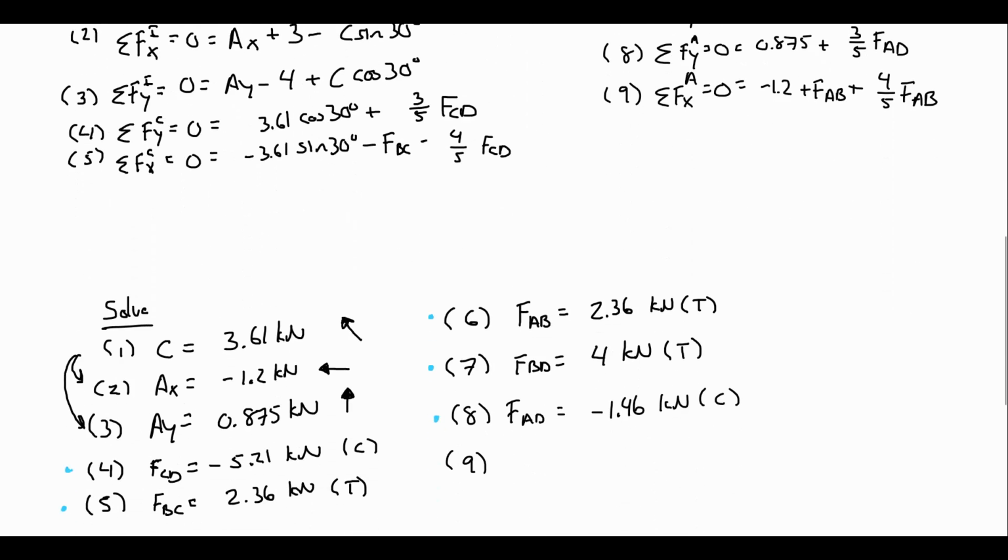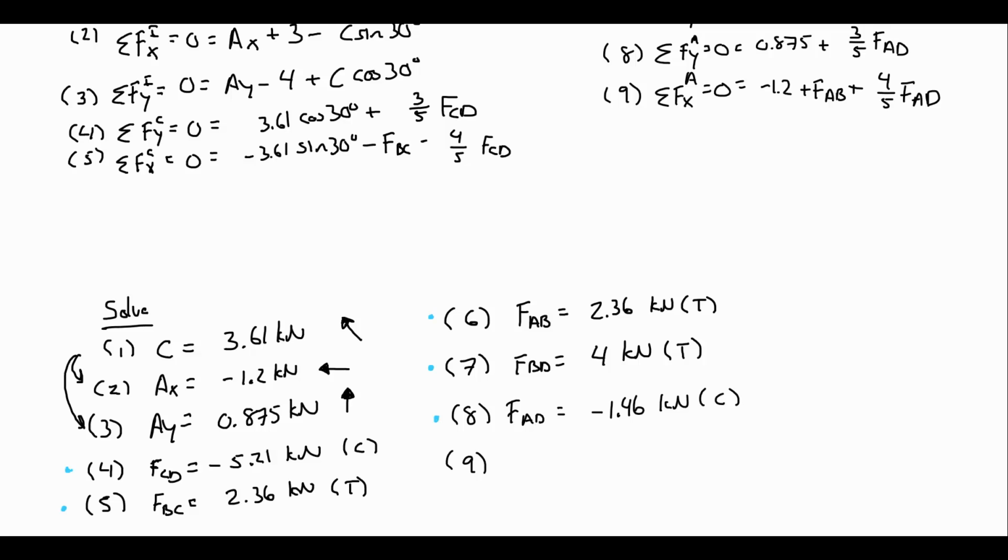In equation 9, FAB, well, I already know that from equation 6, and I made an error here, that's FAD. And FAD I now just found from equation 8. So we're in static equilibrium. This equation must be true because the sum of forces must equal 0.